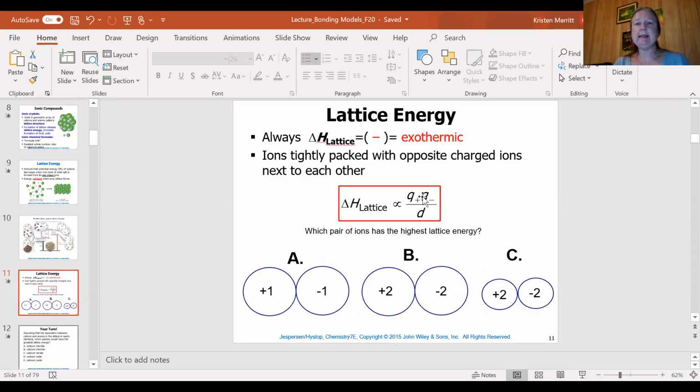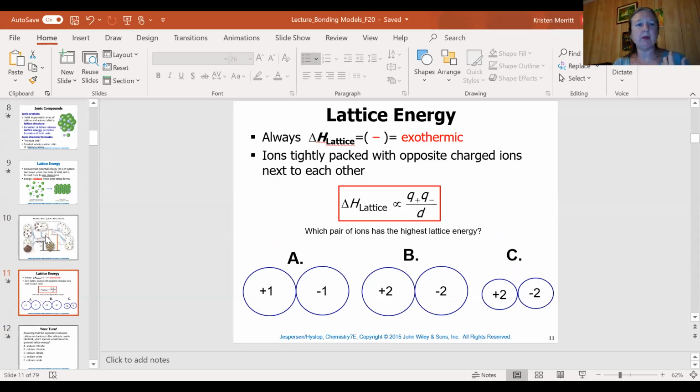So lattice energy is proportional to the charges multiplied on the top and the distance between the nuclei on the bottom. Again, it's very much like Coulomb's law, where energy is proportional to Q1 Q2 divided by R squared. It's the same concept: charges on top, distance on the bottom.